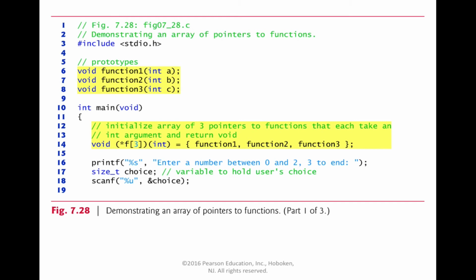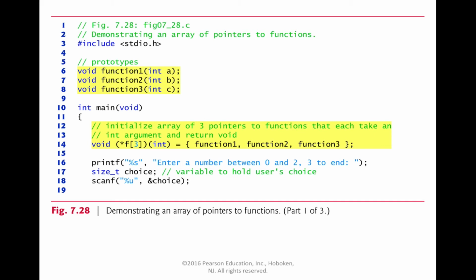So we're going to set up an array of functions that point to each function. Notice that we have void, because they all return void. Pointer asterisk f3 in parentheses, again indicating that there are 3 separate function pointers. All of those functions are going to return void, and they all take in an integer value.